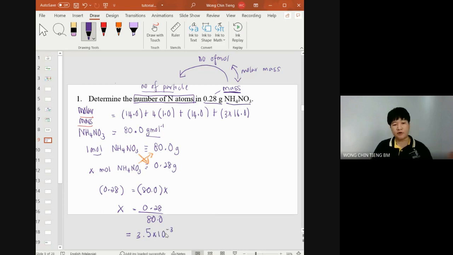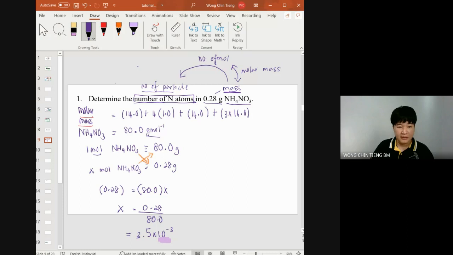Kalau ada titik perpuluhan, kita akan ambil up to 4 decimal places. And for all the small answer, untuk jawapan yang ada 0.0000 kat belakang tu, semua kena guna scientific notation. Mesti kena tulis dalam bentuk 10 darab berapa. Okay?